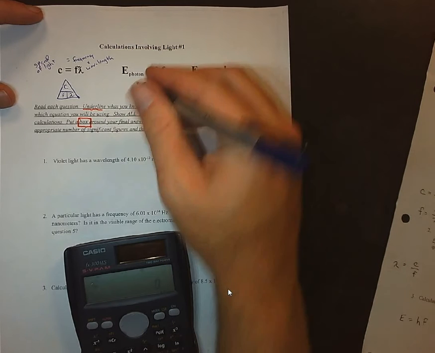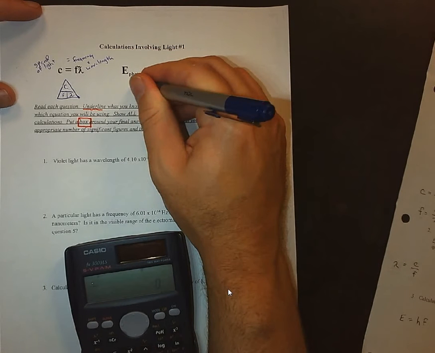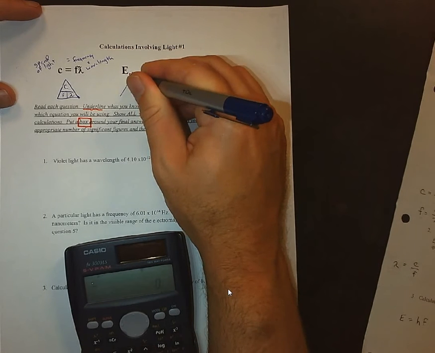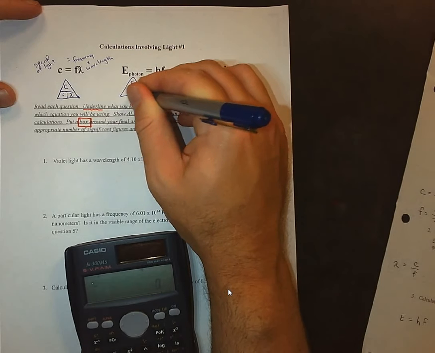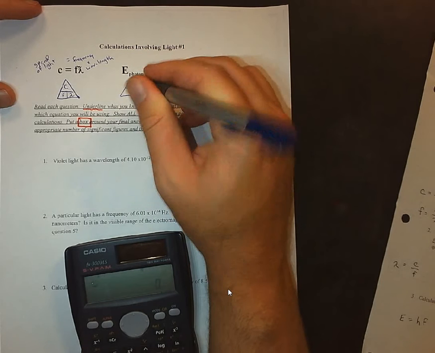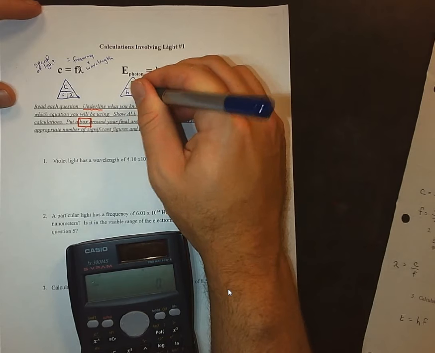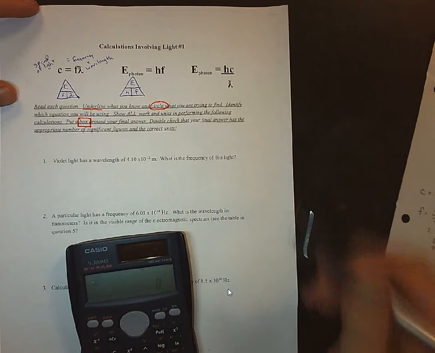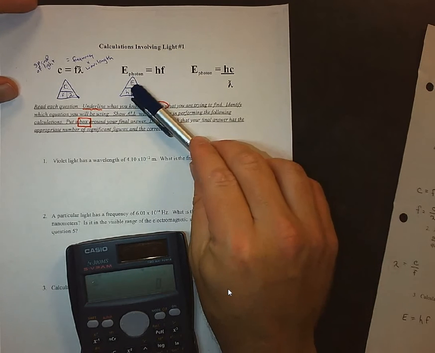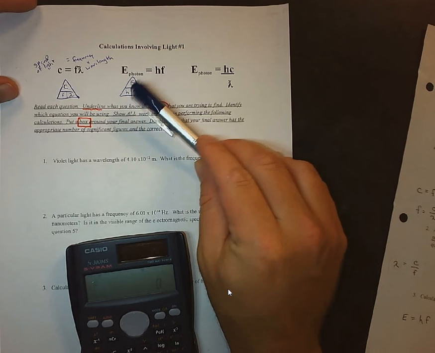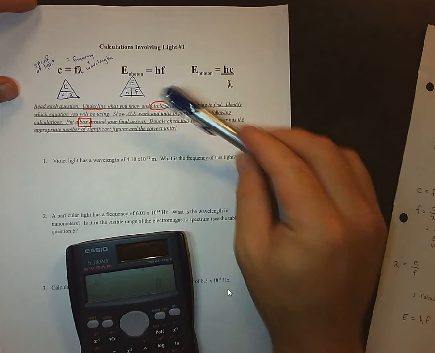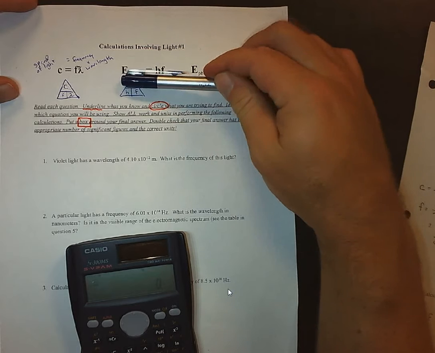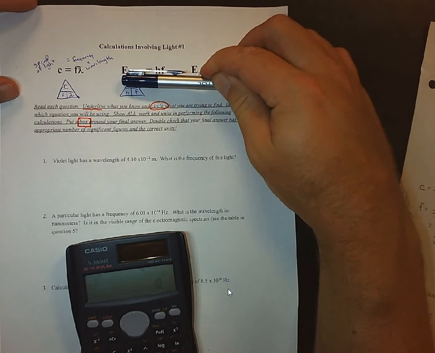Same thing, we're going to draw a little triangle. So no matter what you're looking for, E over H will get you your frequency. If we're looking for energy, cover up energy, it's Planck's constant times F.